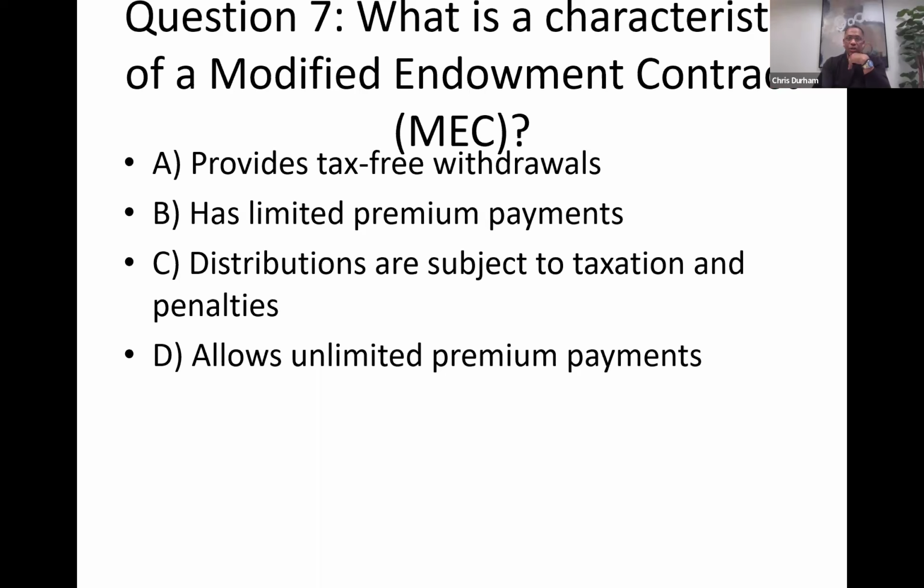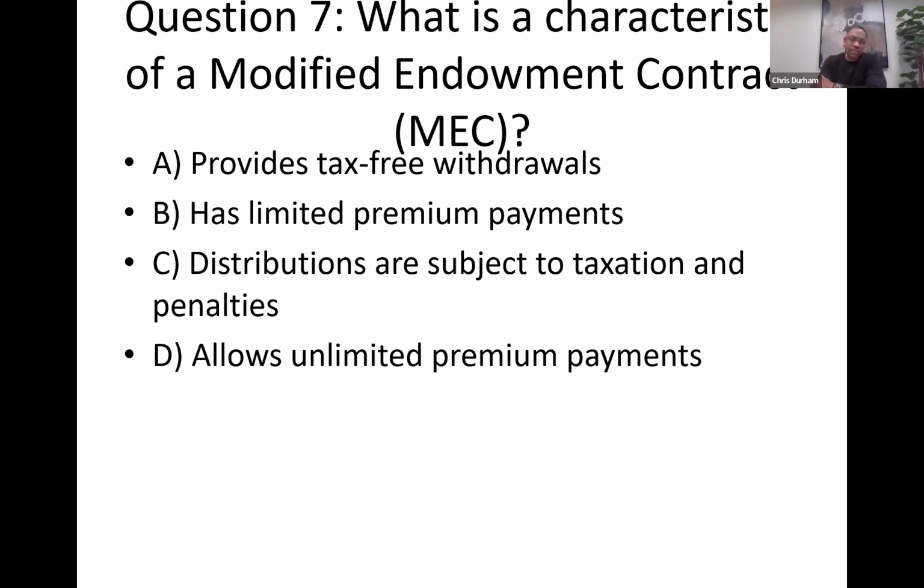So modified endowment contracts: when you think about word association, a modified endowment contract is always going to have to do with taxes. If you ever see modified endowment contract, it has to do with taxes.